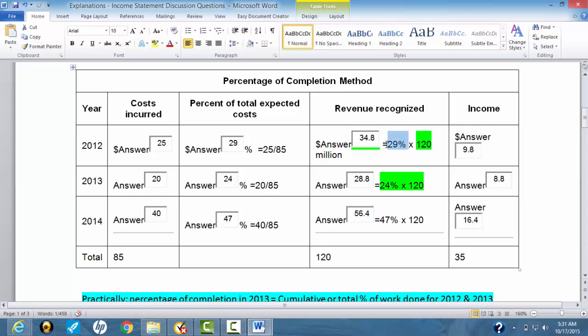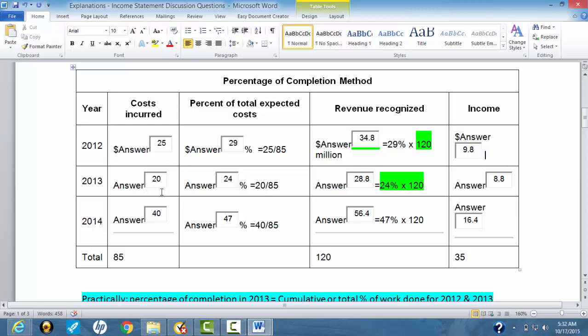But for 29% completion, we have 29% times 120, we get 34.8. Now, if revenues are 34.8 and the cost was 25, the income or gross profit will be 34.8 minus 25, which is 9.8.